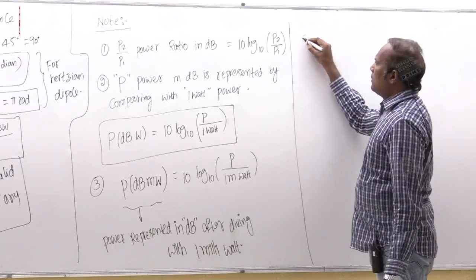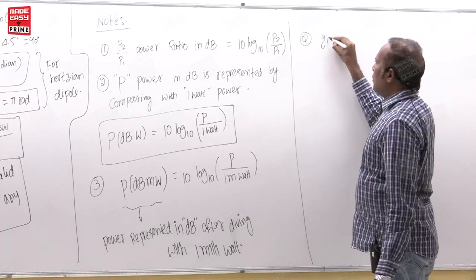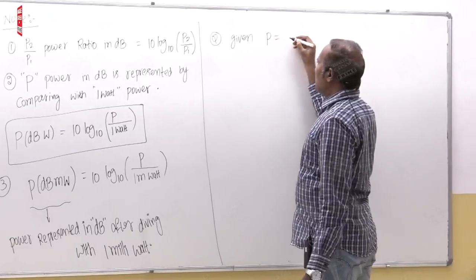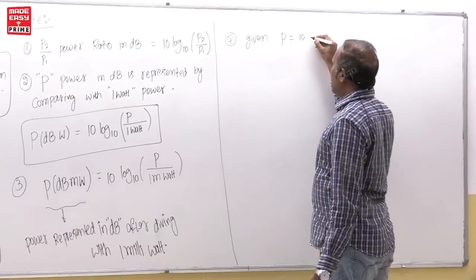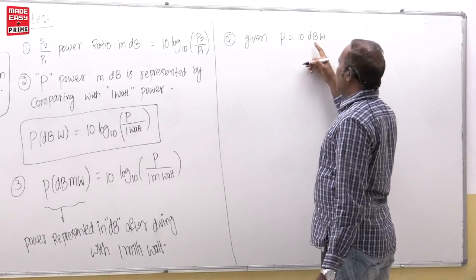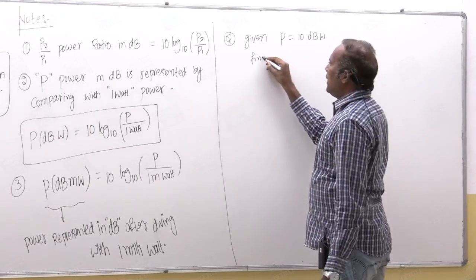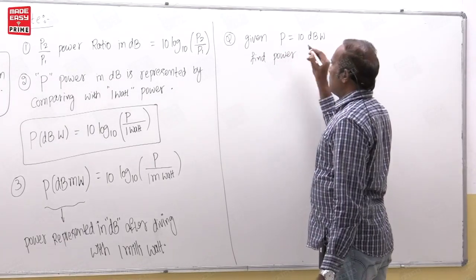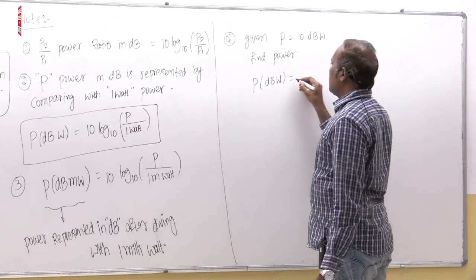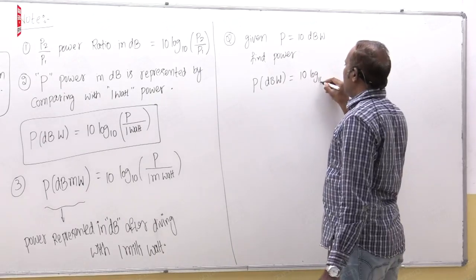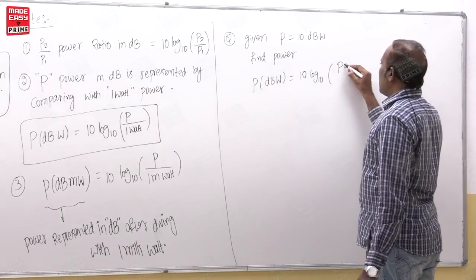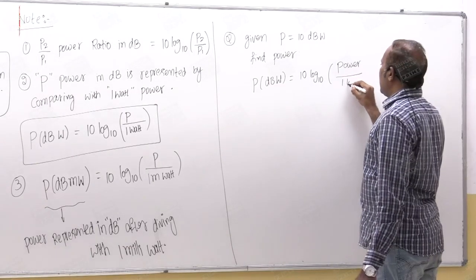For example, question: given power is equal to 10 dBW, decibels compared with 1 watt. Find power. Now power in dBW is equal to 10 log 10 power divided by 1 watt.